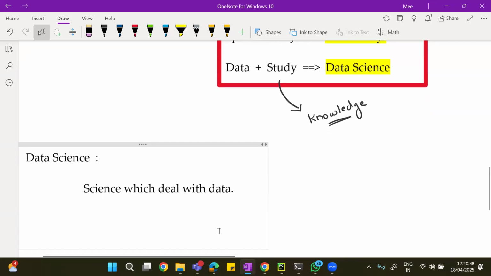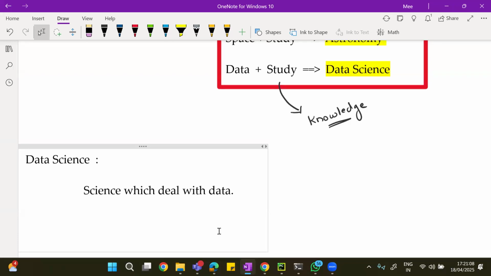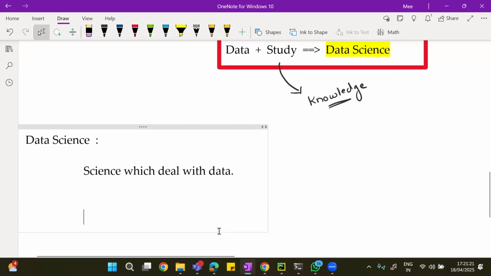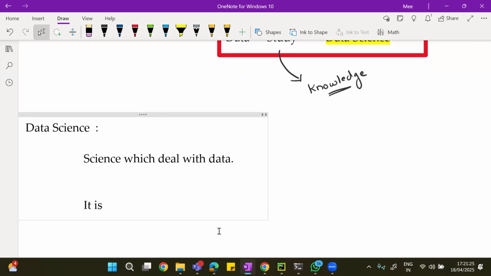Now, there will be another definition. Data science is the scientific study of data to gain knowledge to make meaningful decisions. In simple words, it is a technique of extracting knowledge from data.